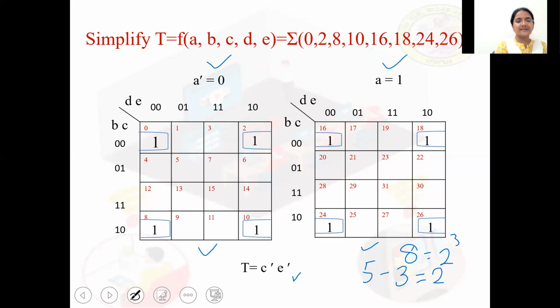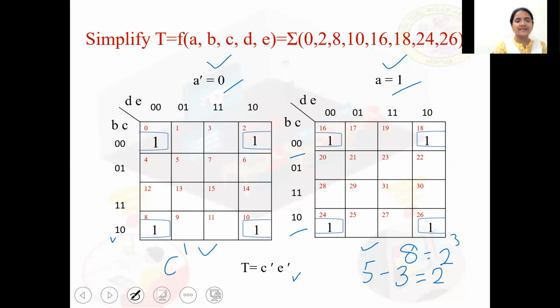Next, see this row and these columns. In this row, in both K-maps, BC value is 00 and 10. So the C value remains the same and the B value is changing, so we have C bar. From these two columns, here also the same thing, we have 00 and 10, because in a 4 variable K-map the lower variable values remain the same for both K-maps, but the MSB is changing.